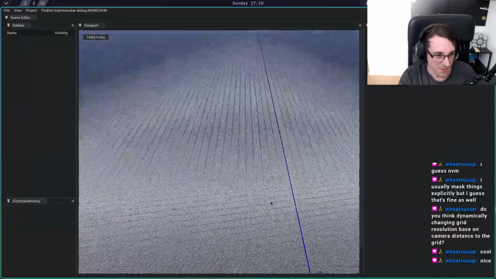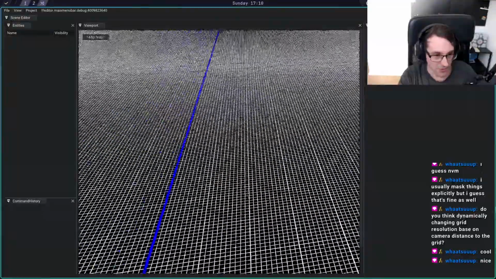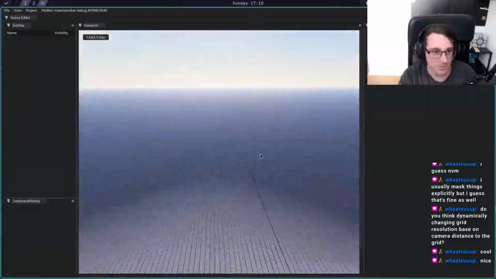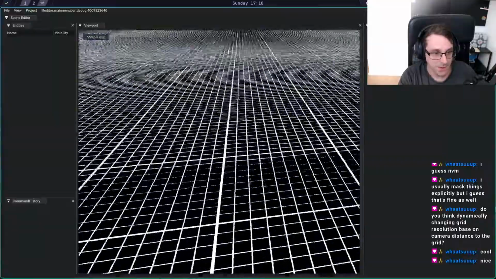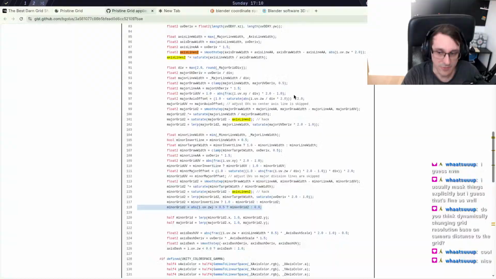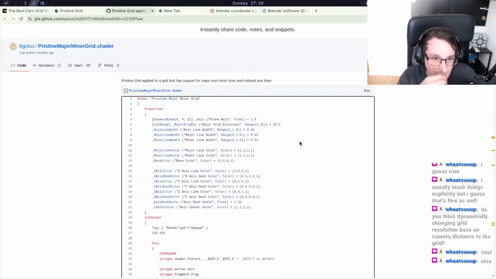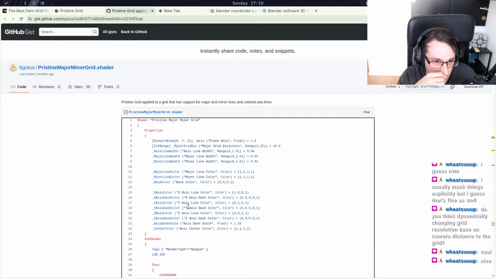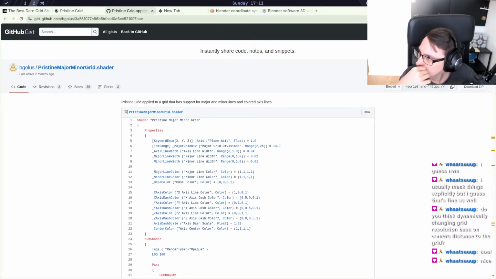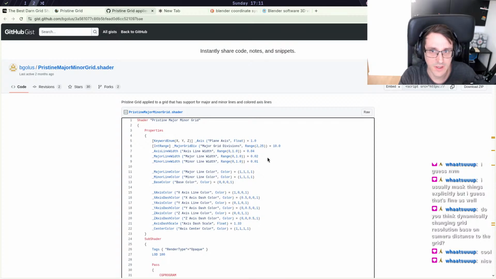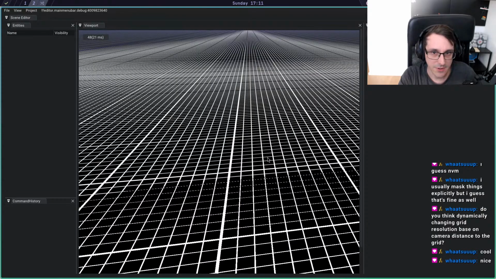Because we have like way too coarse grid here. But in theory it works. Well, does he have a different color for the minor and major grid? No, he has the same, but maybe I'm doing a different color for it. I don't know. I could imagine it being like a little bit different color, right?